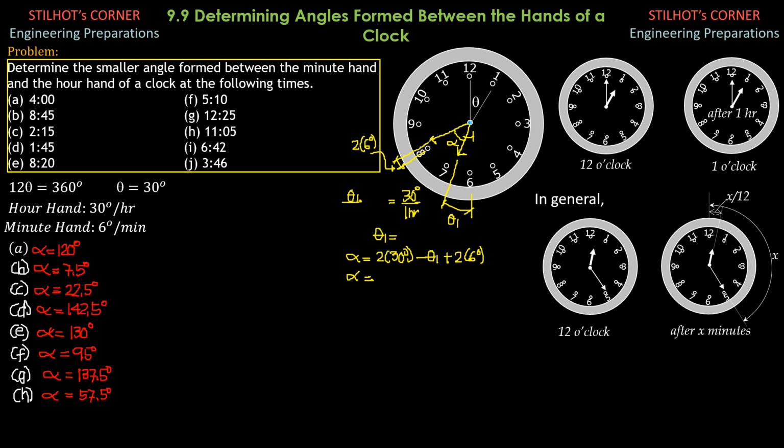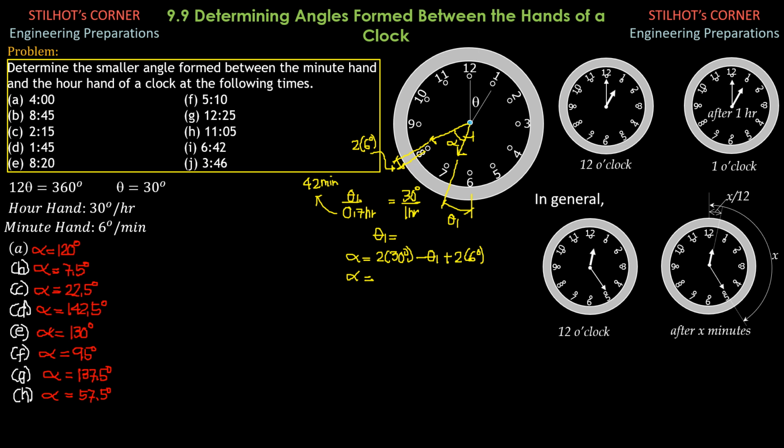So 42 divided by 60 is equal to 7 over 10, or 0.7 of an hour. 30 degrees corresponds to 1 hour.